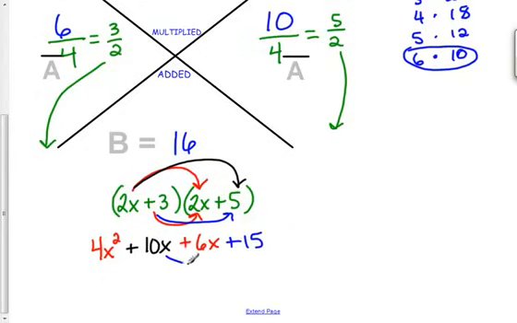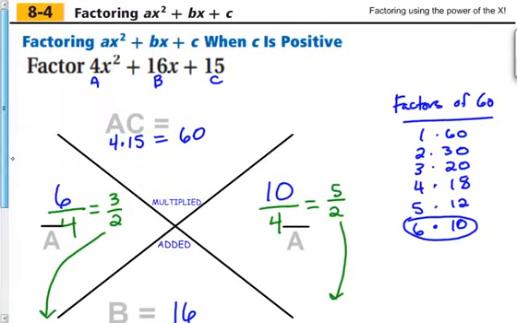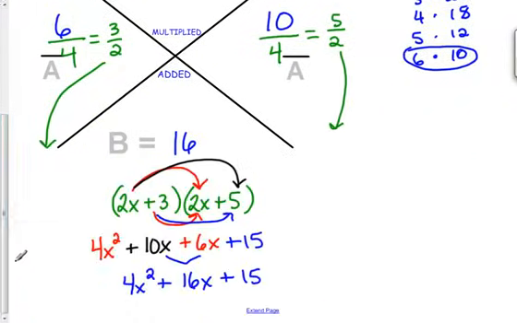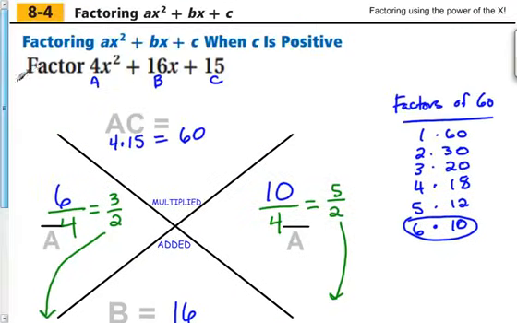We combine our like terms and we're left with 4x squared plus 16x plus 15, which is exactly what we started with up top. So we know we've done it correctly. So that's one example, and this is an example in which we have a positive or a plus c and a plus middle number.